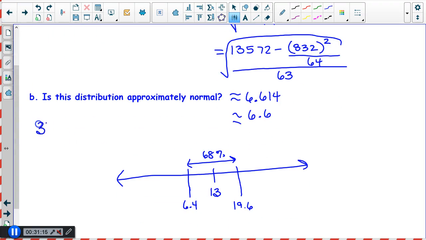So 36 divided by how many do we have? 64. And you get what? You get 56%. So do you see how to verify that it's not normal?